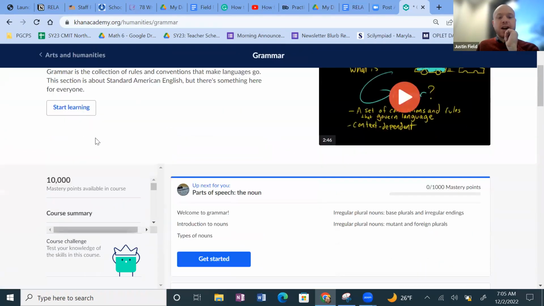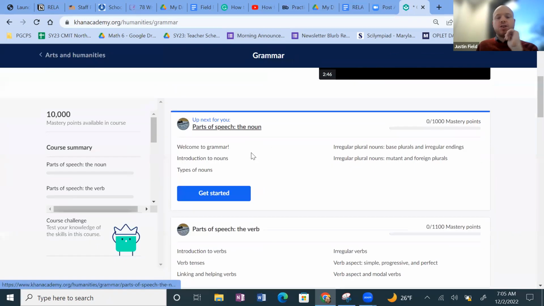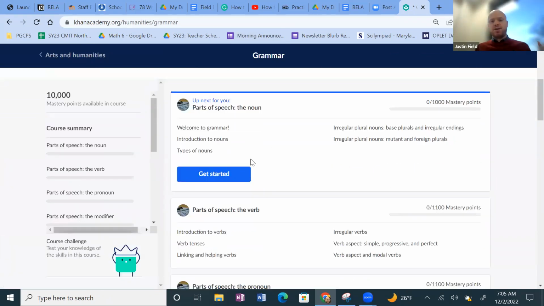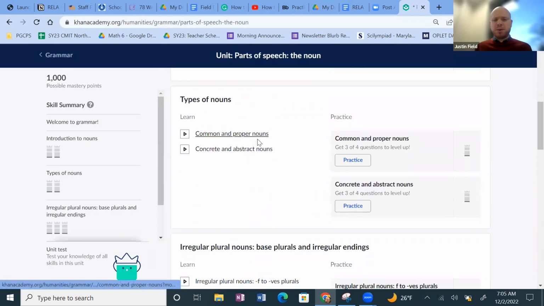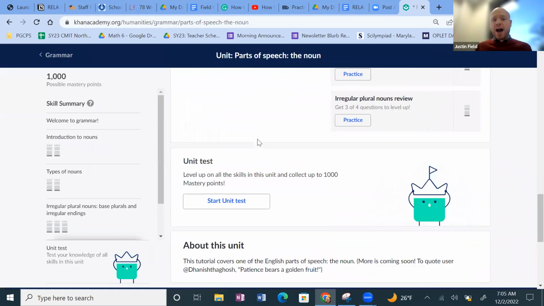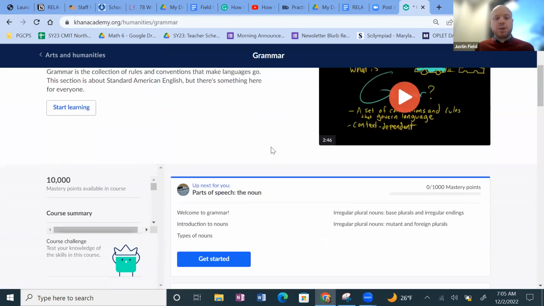Okay, so we're gonna start out with really easy grammar for homework because I wanna make sure that you know it. And if you know it, then this is gonna be easy. Just demonstrate it by getting 100% on the assignments. And if you don't, then we're gonna make sure that we talk about it so that everybody knows the parts of speech. I'm conjecturing that you know that, but I don't know until you show me.